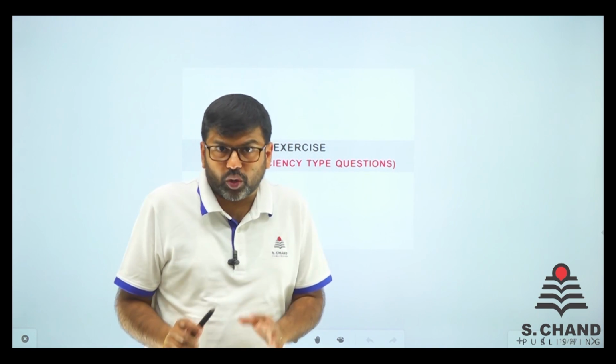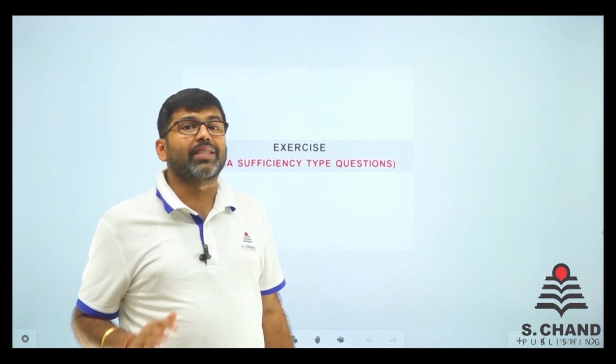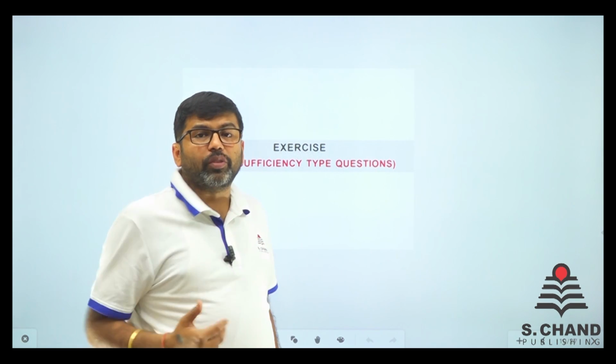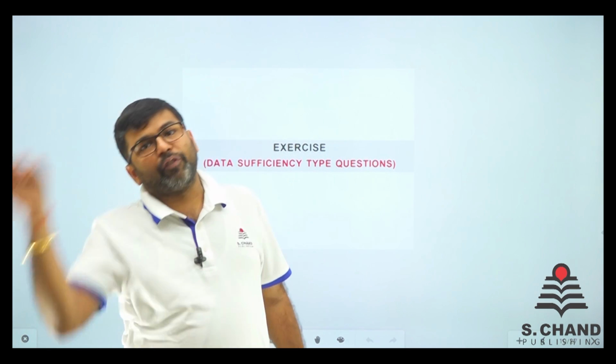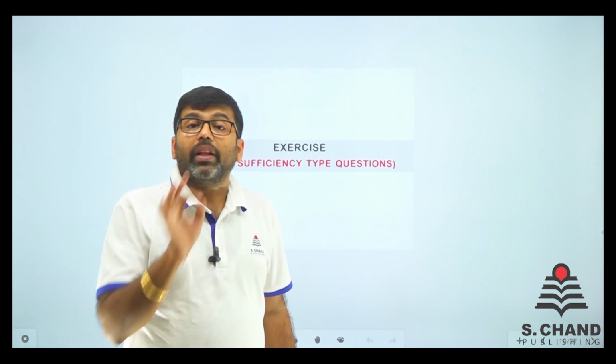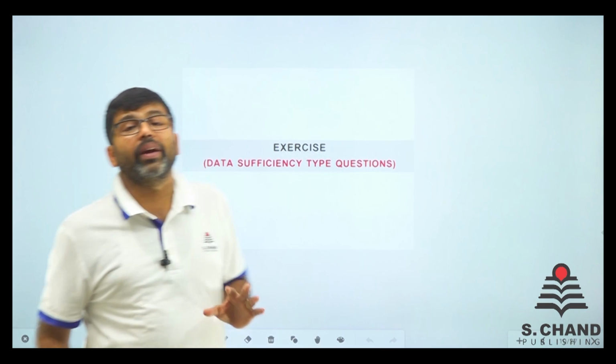The question just wants to know that if we follow the data, is it possible that we will get the answer or not? Is the data sufficient to give the answer or not? That is the only thing required. It means something simple. In data sufficiency we have nothing to do with the exact answer.